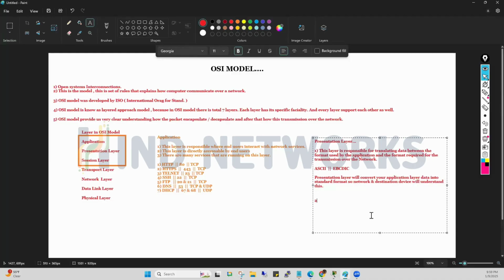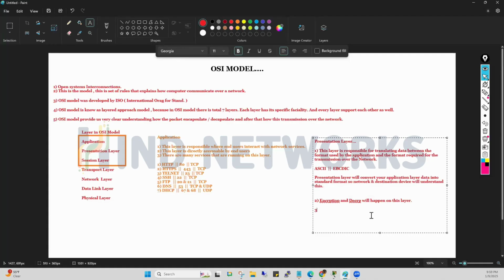One more point you should please remember. Generally, encryption and decryption happen on the presentation layer, right? Encryption and decryption will happen on this layer. Understand? Clear?